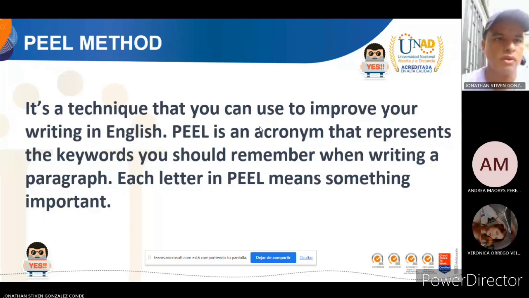The PEEL method is a technique that you can use to improve your writing in English. PEEL is an acronym that represents the key words you should remember when writing a paragraph. Each letter in PEEL means something important. Let's see.